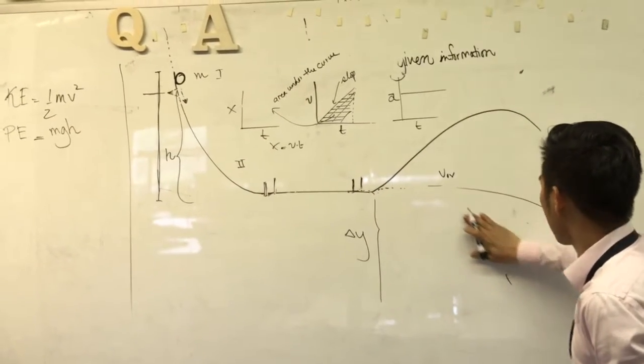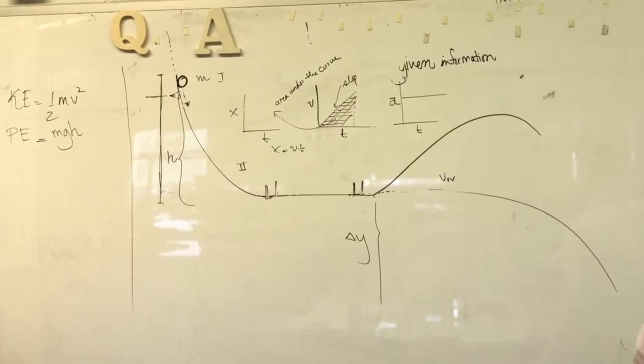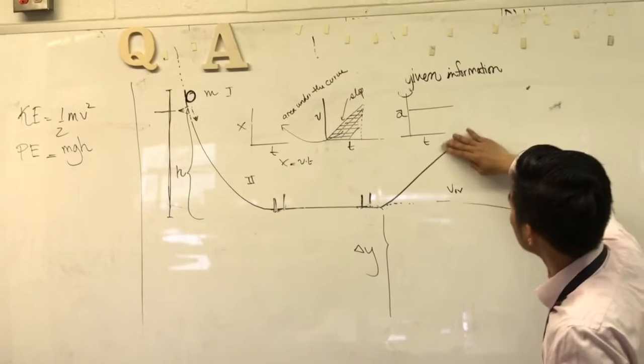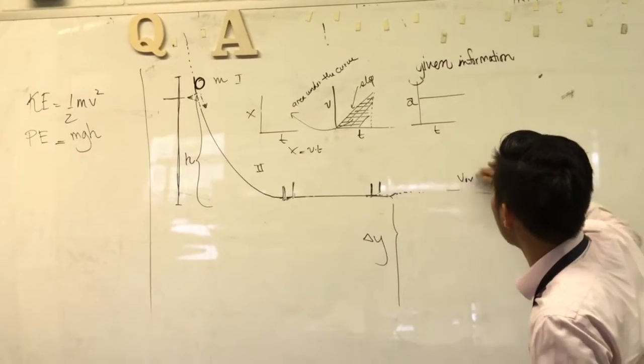So now we're going to eliminate all the things that we think are not important. Tell me what's the next step. How do we figure out the final velocity here?